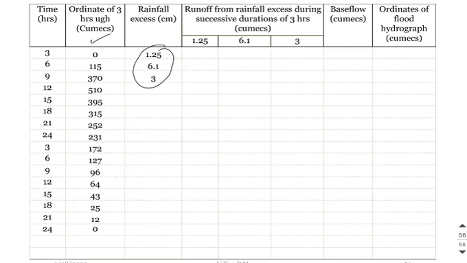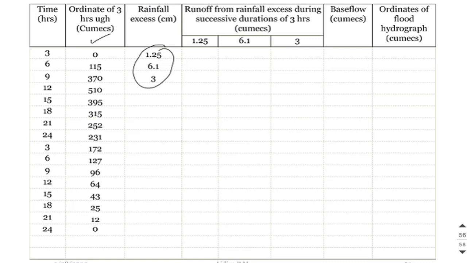In the next column, we calculate the runoff from rainfall excess during successive durations of 3 hours, that is the direct runoff value in each 3 hours. In each 3 hours the runoff value is different.